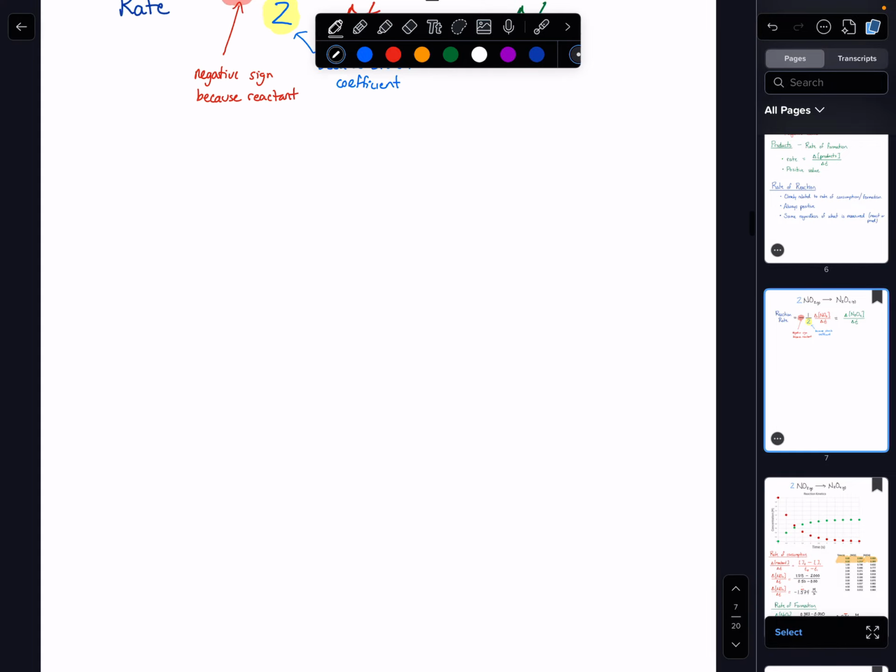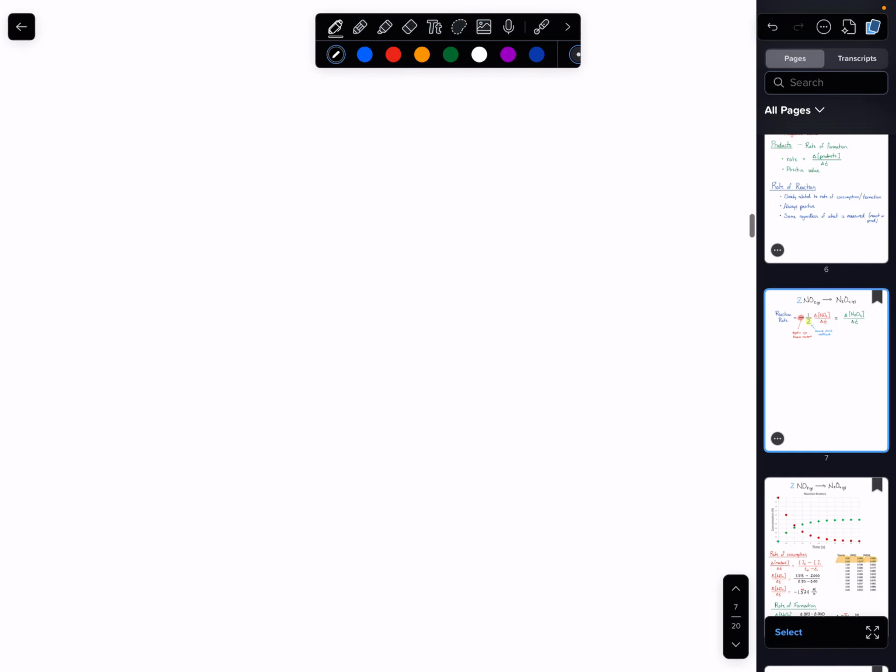All right, so let's take a look at another one. We're going to take fluorine, combine it with nitrogen. This will make nitrogen trifluoride.